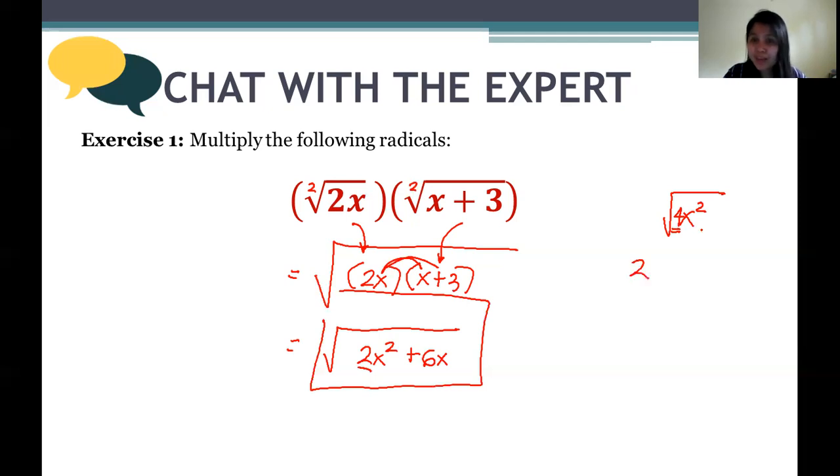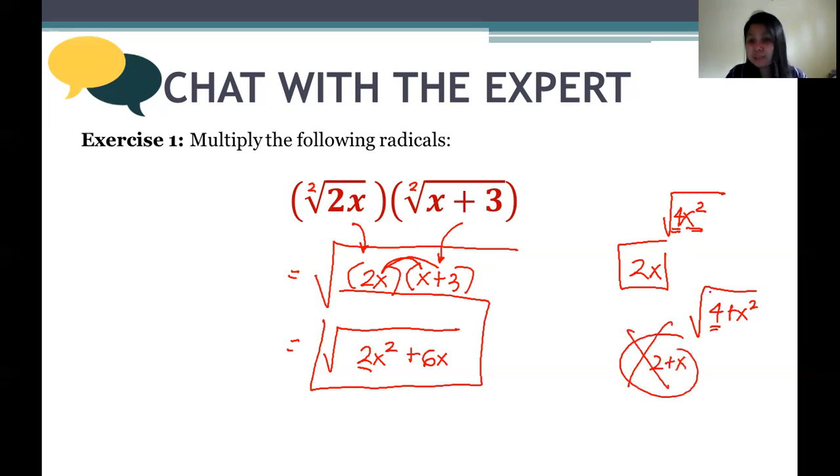The square root of x squared is x. So the answer is 2x. But if you have like this, 4 plus x squared, you could not let 4 go outside first, then x squared go outside next, and the answer is 2 plus x. No, that is wrong. This must be in one factor first before you can let that go out.